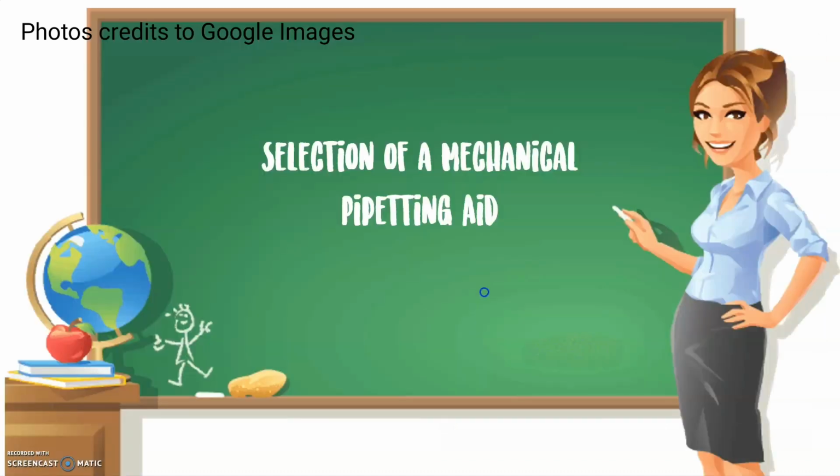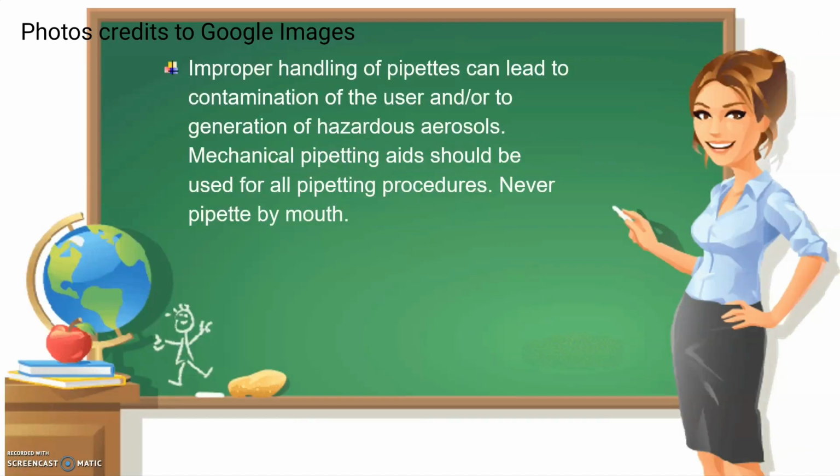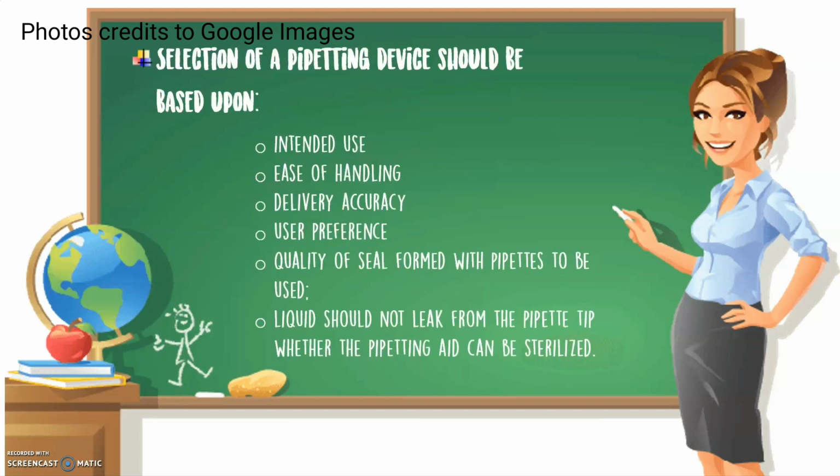And for the pipettes, selection of a mechanical pipetting aid is very important. Improper handling of pipettes can lead to contamination of the user and/or to generation of hazardous aerosols. Mechanical pipetting aids should be used for all pipetting procedures, never pipette by mouth.